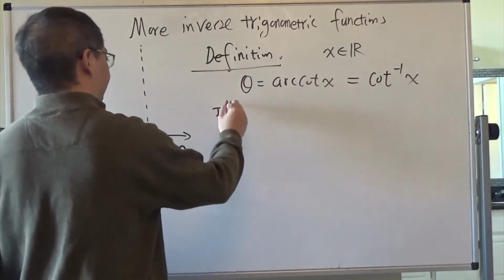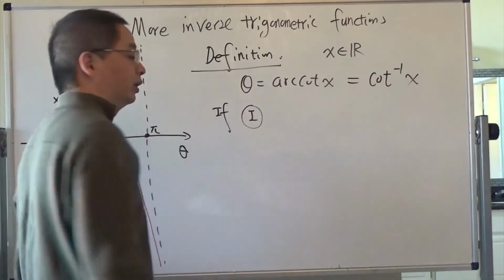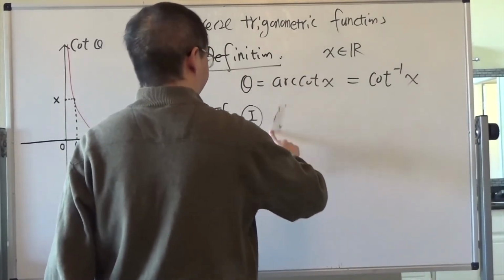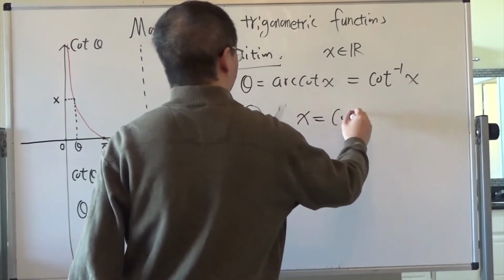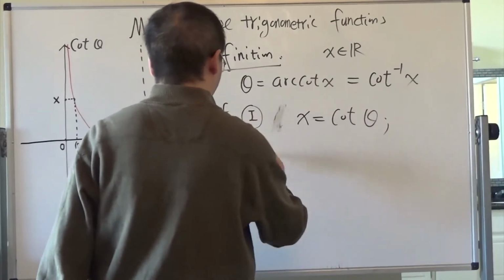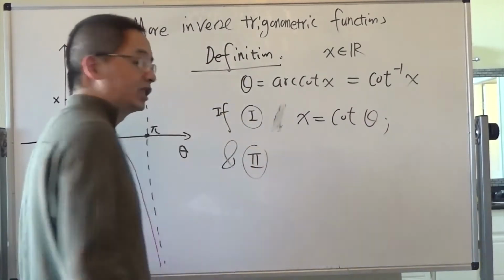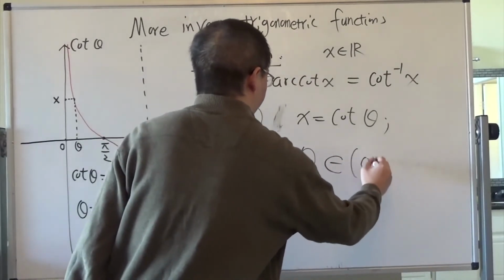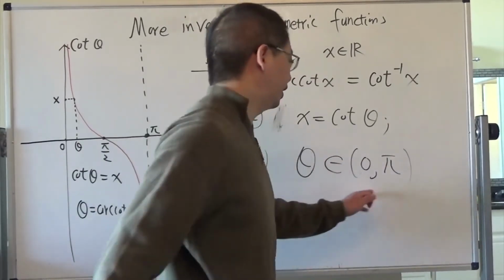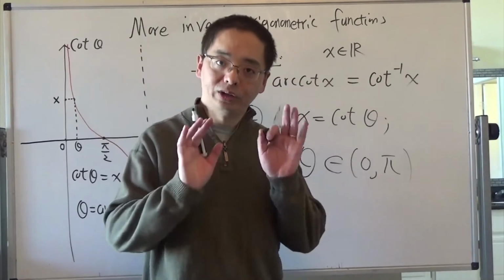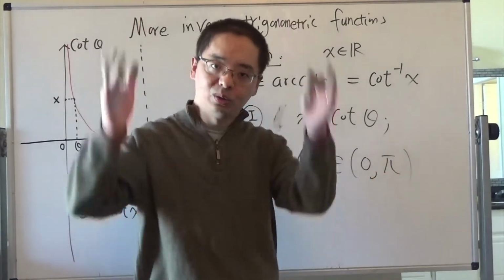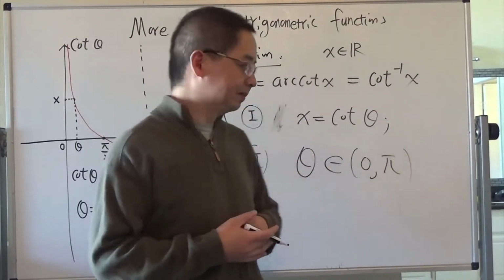If the following two things hold: number one, x equals cotangent theta. Number two, we specify the range of theta: theta belongs to the open interval from 0 to pi, because cotangent is not defined at 0 and pi. Those two vertical lines are called asymptotes.